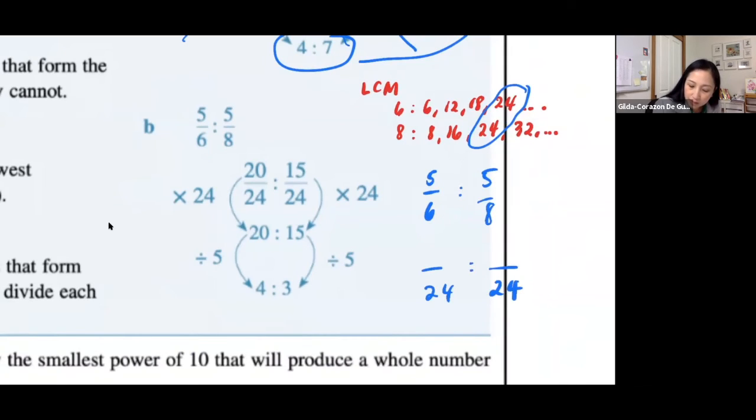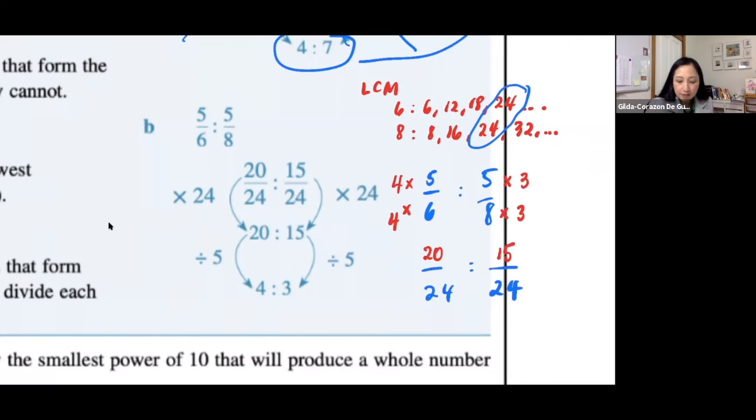What did you multiply to 6 to get 24? 4. So we multiply the bottom by 4, we multiply the top by 4, so therefore we get 20. Yeah, what did we multiply to 8 to get 24? 3. And we multiply the bottom by 3, we'll multiply the top by 3, and therefore we get 15 there.